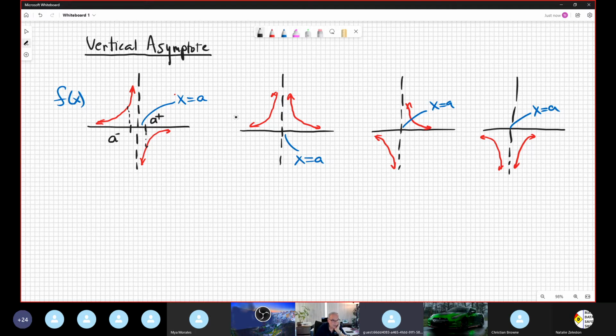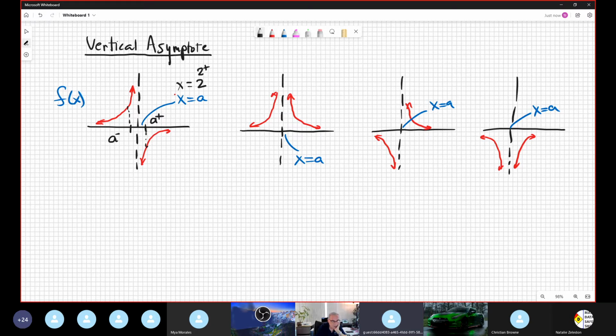This plus and this minus don't indicate negative and positive. This is a little bit after. Suppose x is 2. What does 2 plus mean? 2 plus means 2.1, 2.2, but close to the asymptote.